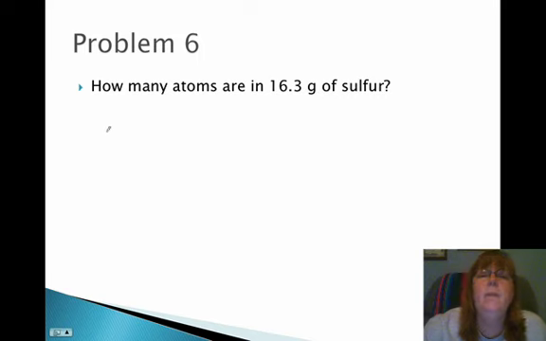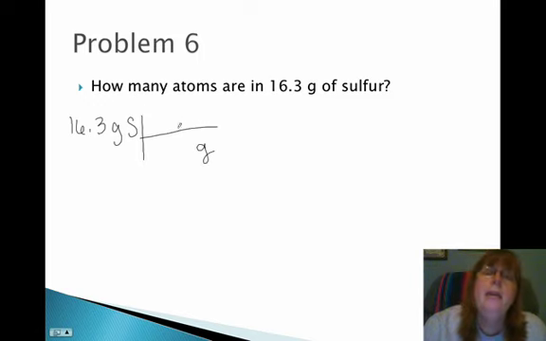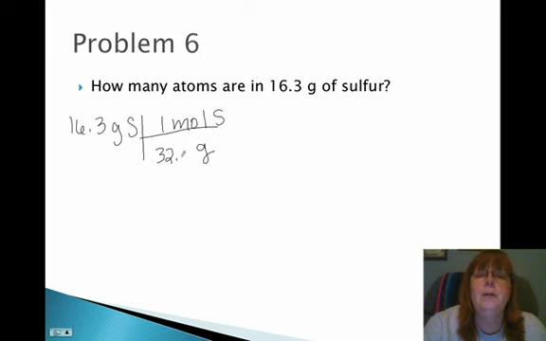Okay, now we have got 16.3 grams of sulfur, and we want to know atoms. We don't have a direct way to go from grams to atoms. There's not like one step. We can't put grams down here and atoms on the top. But what we can do is we can convert grams to moles. So let's go ahead and do that. A mole of sulfur is 32.06 grams.